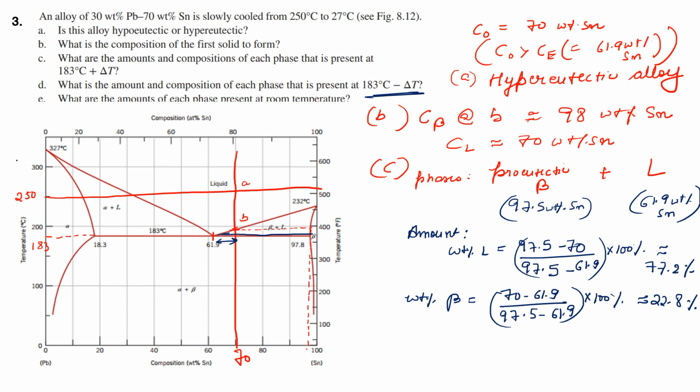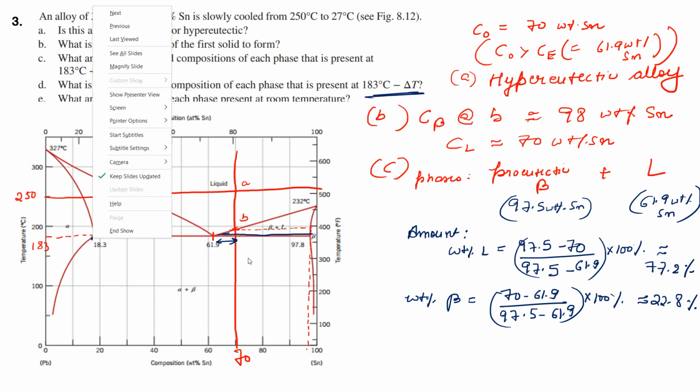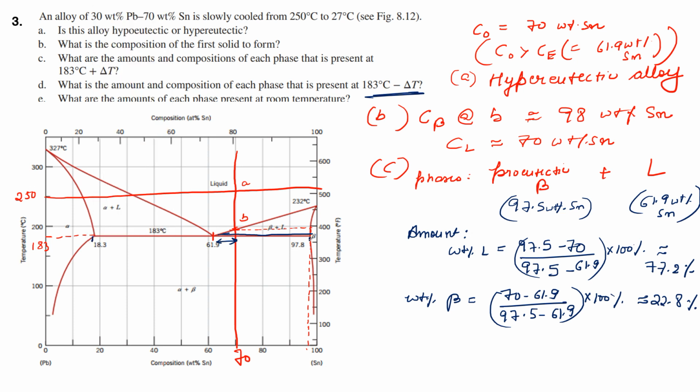So if we just take the intersection, my composition of alpha will be this one, the composition of beta will be this one, right?